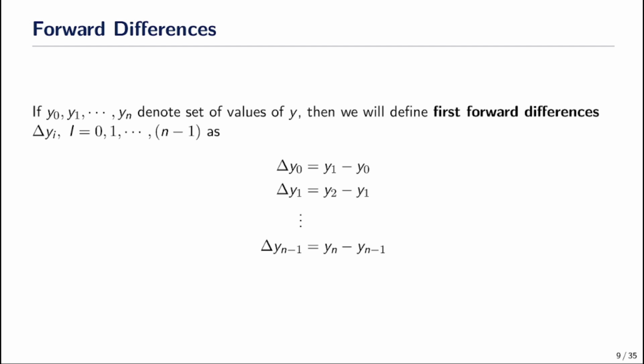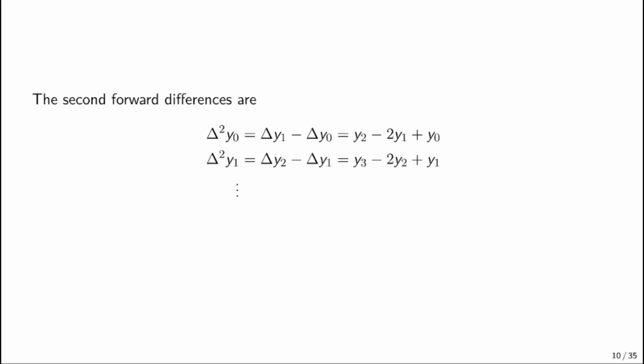We will discuss what are forward differences. If y0, y1, yn denote the set of values of y, then we can define first forward differences as delta y0 is equal to y1 minus y0, delta y1 is equal to y2 minus y1, delta y n minus 1 is equal to yn minus y n minus 1. Similarly, we can define second forward differences, denoted by delta square y0, where delta square y0 is delta y1 minus delta y0.